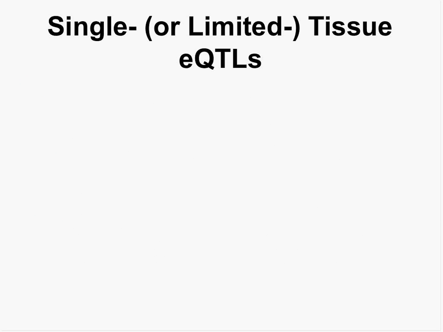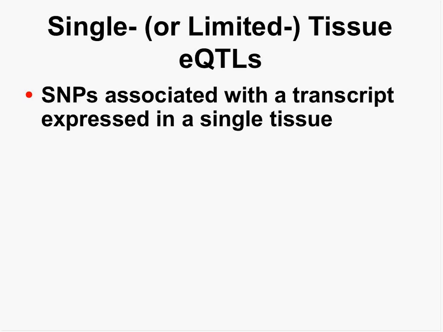The single or limited tissue eQTLs have further nuances, so we certainly see SNPs associated with a transcript expressed in a single tissue. So there's a subset of genes that really are expressed nearly exclusively in a single tissue, sometimes even a single cell type, and of course sometimes even at a particular stage of development.